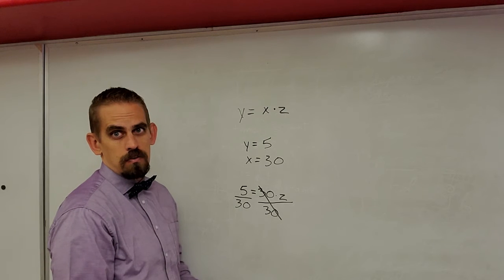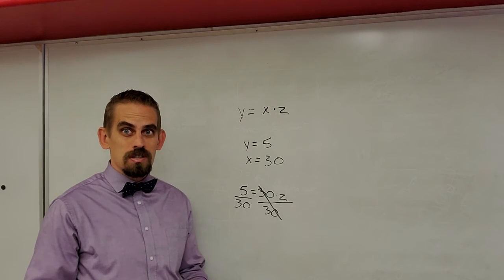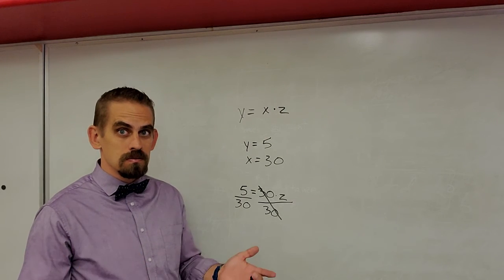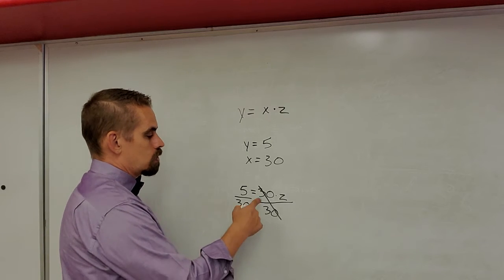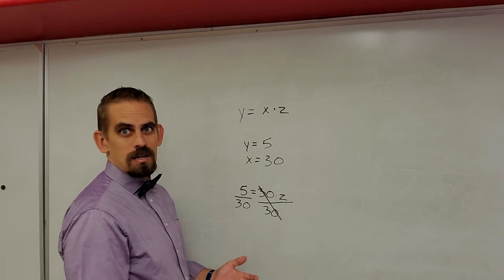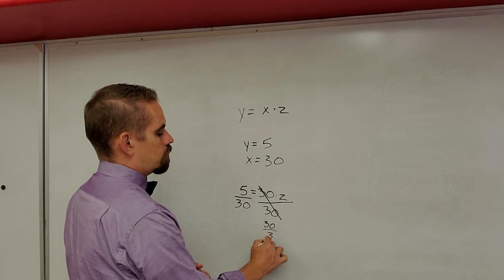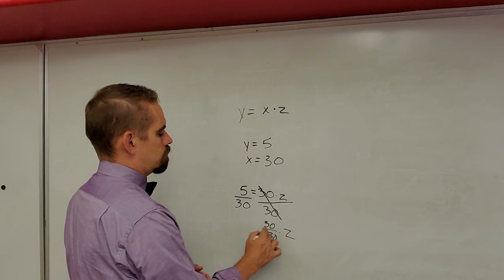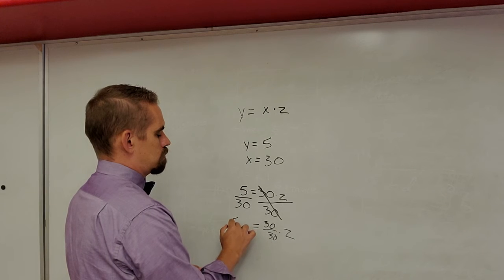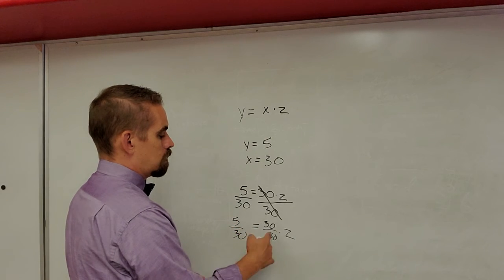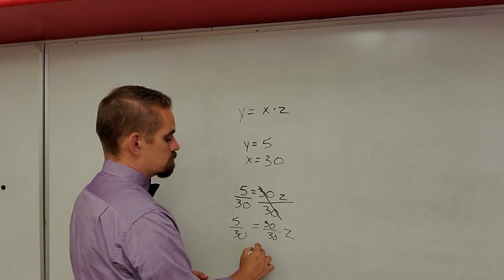Anything over itself cancels out because anything over itself is 1. That's right. So watch, I'll take it kind of step by step. So let's say we have 30 over 30 times z, right? 30 over 30 equals 1.